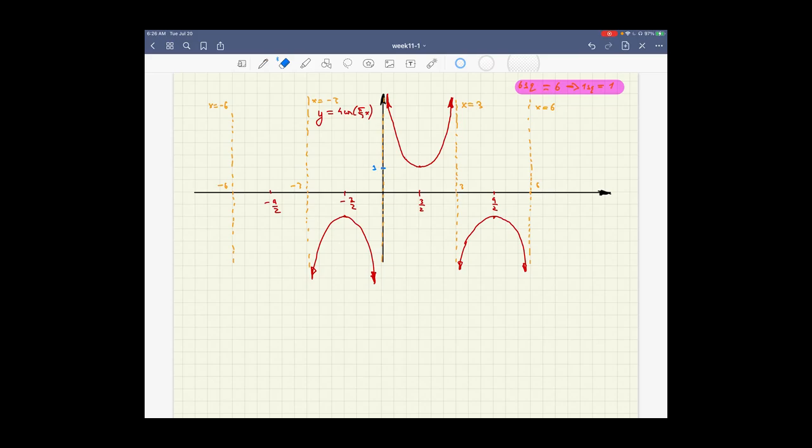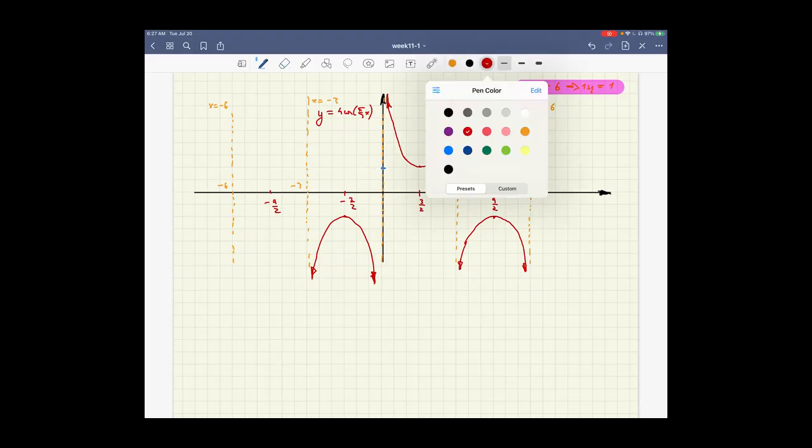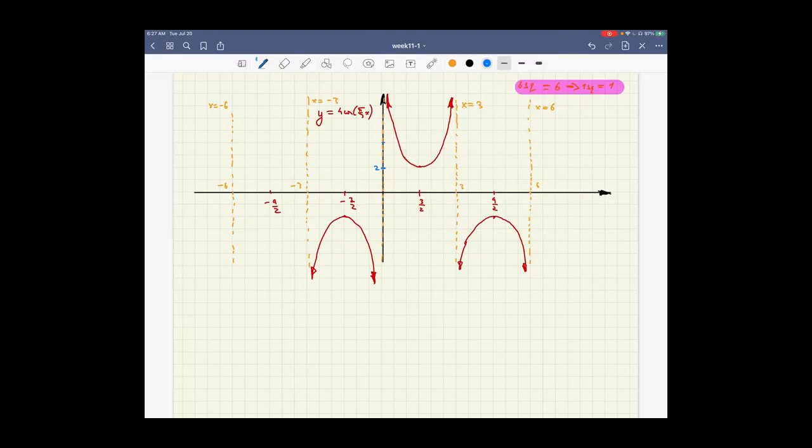So instead of value 1, this curve will start at value 4. Maybe I should change vertical scale. I should say that this is 2, so that this is 4, and my curve will start here.